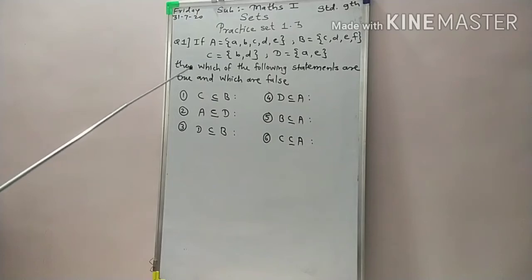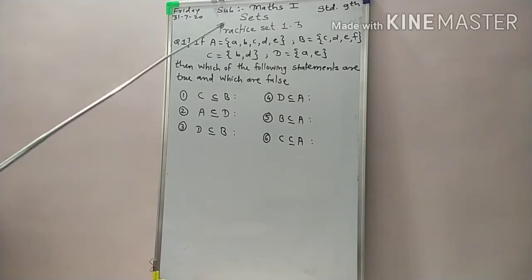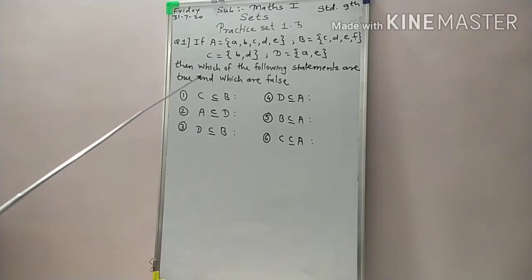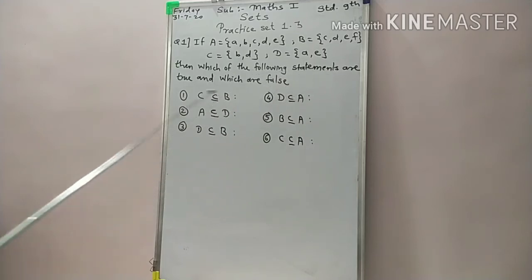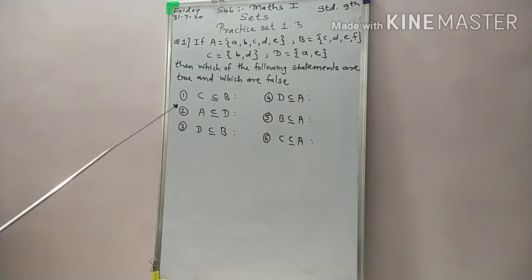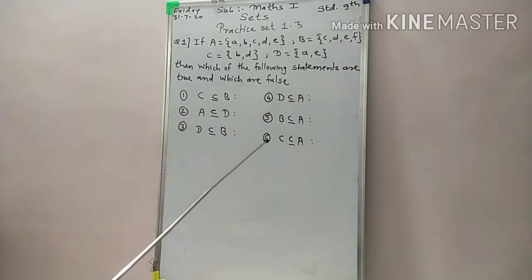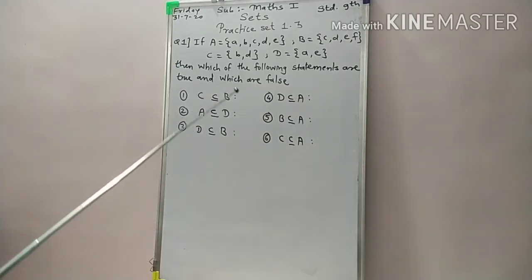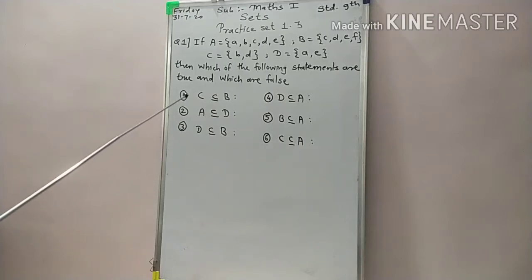So the question is, given these 4 sets, which of the following statements are true and which are false? Here we have been given 6 statements about the subset relation, so we have to decide whether each is true or false.